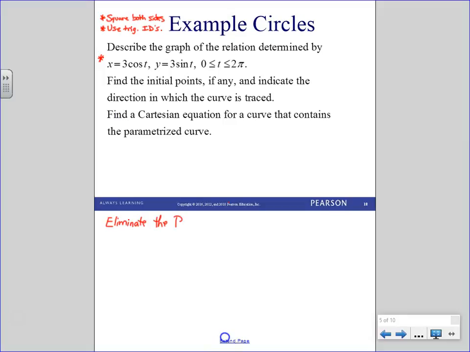They're not going to specifically say eliminate the parameter, but this is how we can figure out what the picture is without just memorizing all sorts of randomness. We can think, if only cosine were squared and sine were squared, maybe we could do something. Well, how can we get it to be squared? Square it. And to make it a little bit more strategic, since we do want to be getting the t at least somewhat isolated, I would still divide by 3.